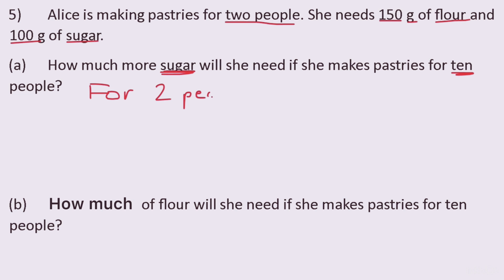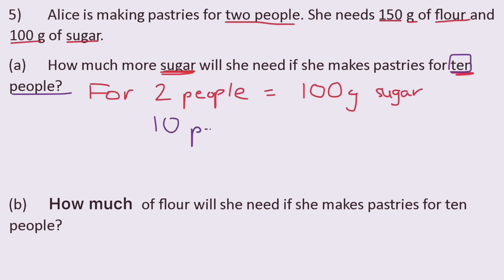So for 2 people, 100 grams of sugar is needed. So that means for 10 people, how much sugar will be needed? So we can make a proportion like this. 10 people is equal to question mark, and then we can just make it as x to find the missing variable.